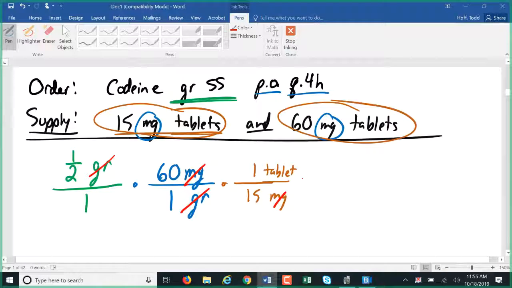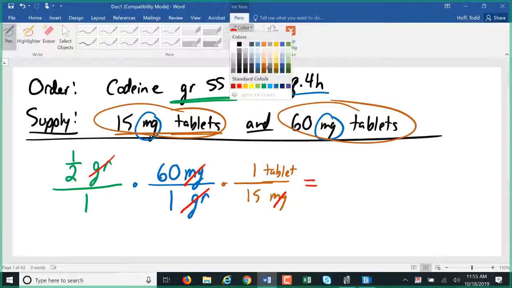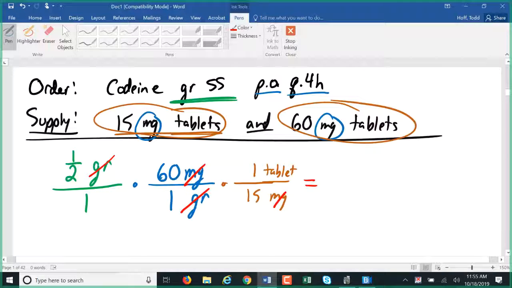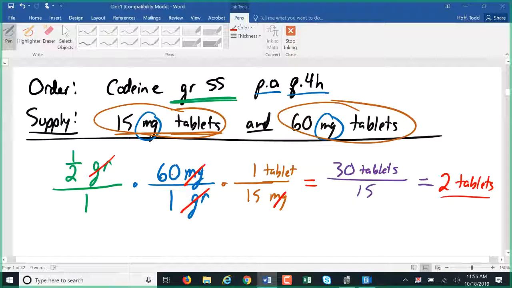Milligrams cancel out. Let's calculate that through. 1/2 times 60 times one tablet is 30 tablets. On bottom, 1 times 1 times 15 is 15. 30 tablets divided by 15 is 2 tablets. That doesn't seem too bad.